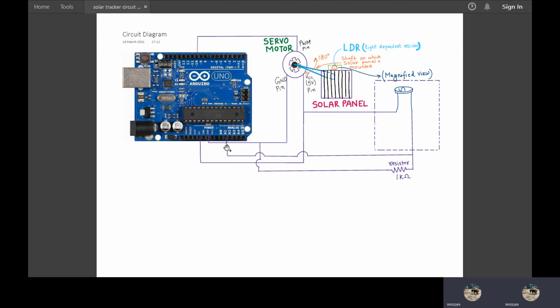So this pin detects the change in value of current which passes through this LDR when its resistance gets changed on changing the position of sunlight.